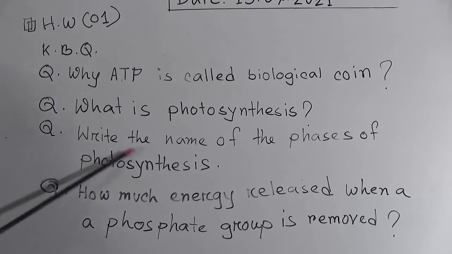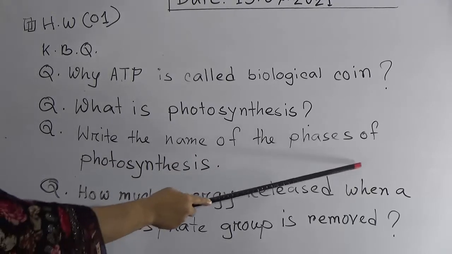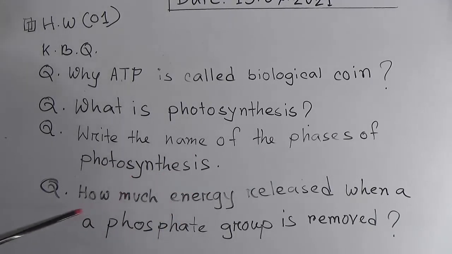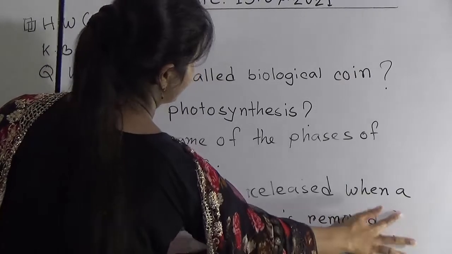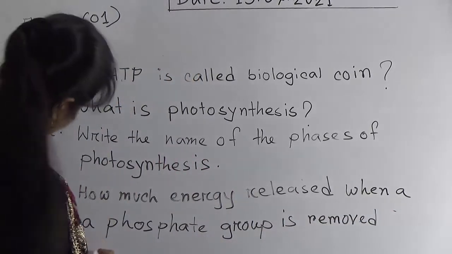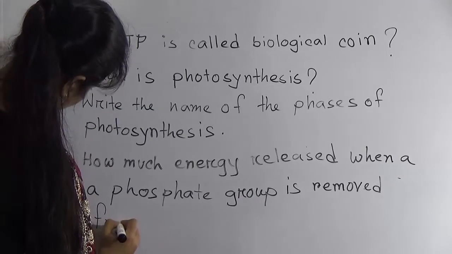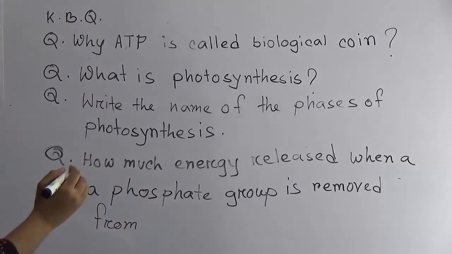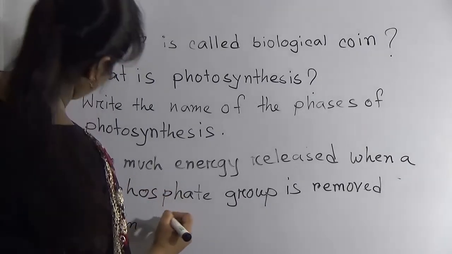Write the names of the phases of photosynthesis. And the last question is how much energy is released when a phosphate group is removed from adenosine?